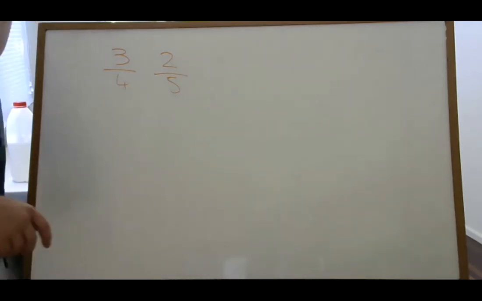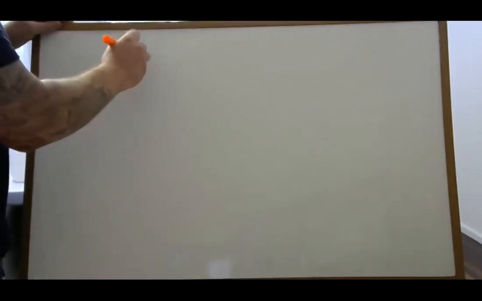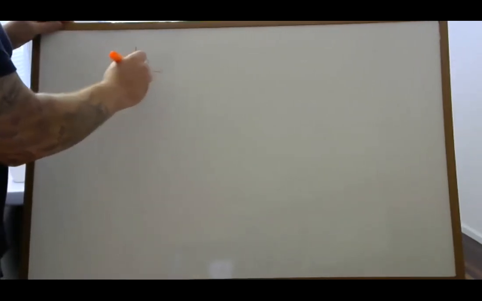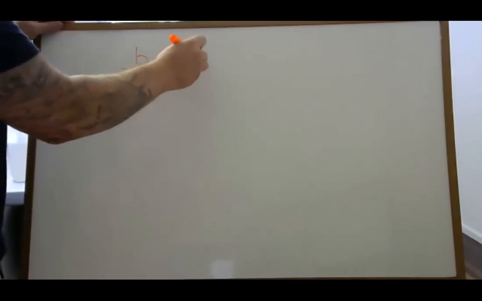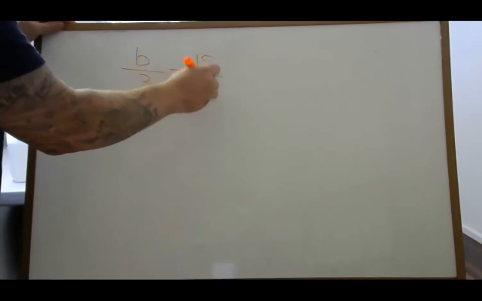So now we're going to mix my two favorite things in the world together: proportions and algebra. So we have B divided by 3 equals 15 over 10.